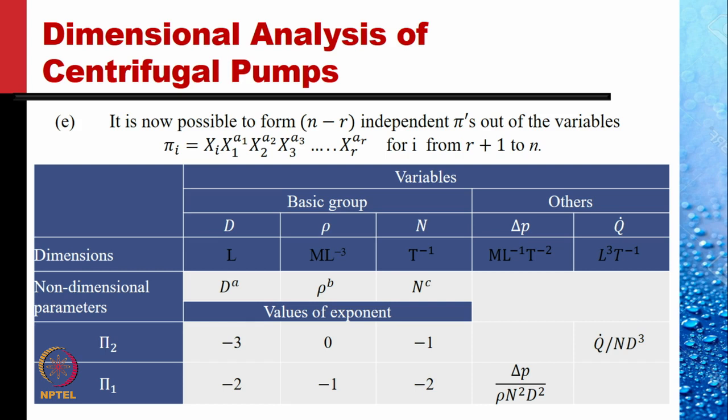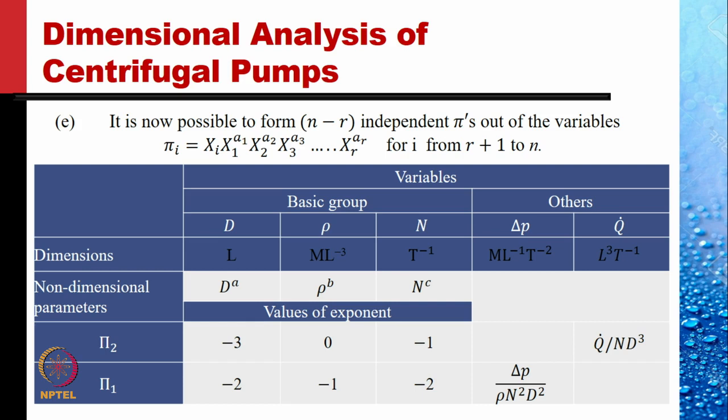So we can form the non-dimensional parameters, D raised to power a, rho raised to power b, N raised to power c. The values a, b and c are determined for the other variables, other parameters. For Q dot, we get value of a as minus 3 and value of c as minus 1, so that Q dot divided by N D cubed is a independent pi number that is formed.